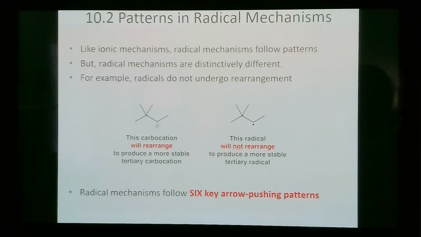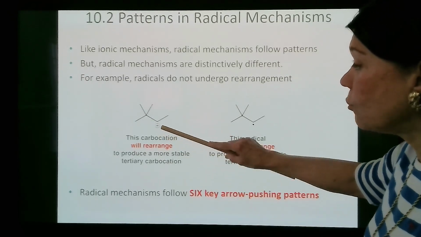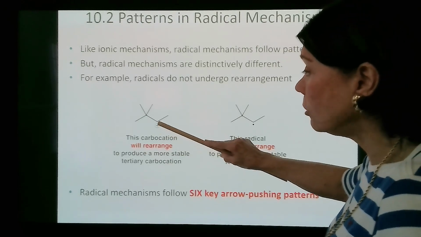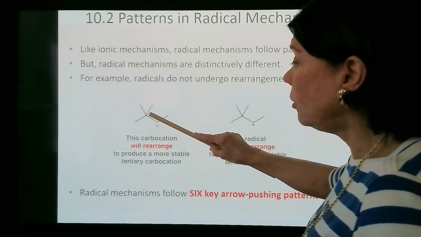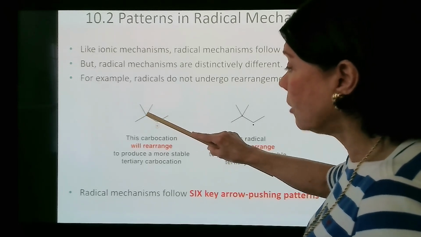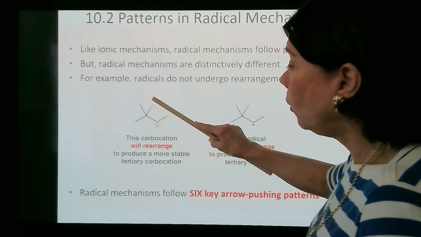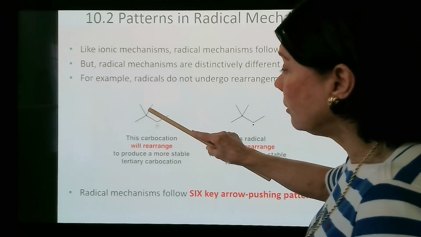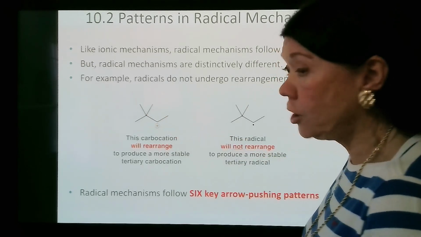Now, there are patterns in the radical mechanisms that will help you to remember and be able to predict these radical mechanisms. So you recall when we had the carbocations, if you had a positive charge next to a carbon that's bearing 3 methyls, you could have a 1,2 methyl shift where one of these methyls could migrate and the positive charge would move to the tertiary carbon.